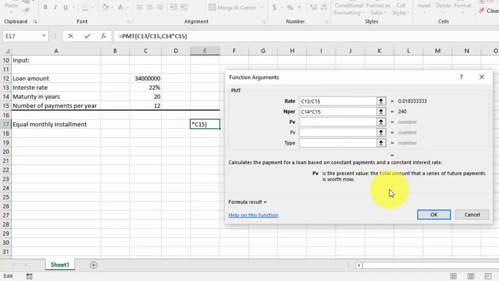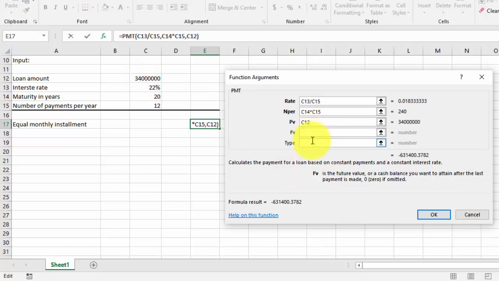Now PV is the present value, the total amount that a series of future payments is worth now. Since we are going to take the loan of 34 million, that is actually the present value of all future loan payments. So we can straightforwardly click the cell where we have the loan amount.